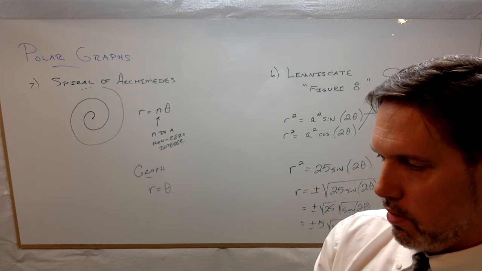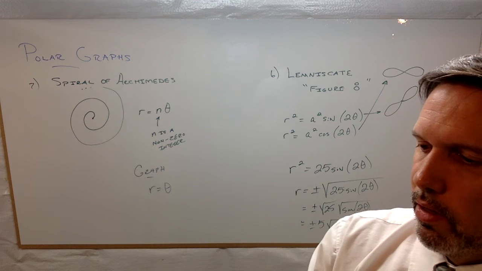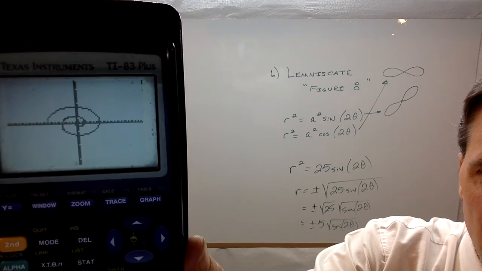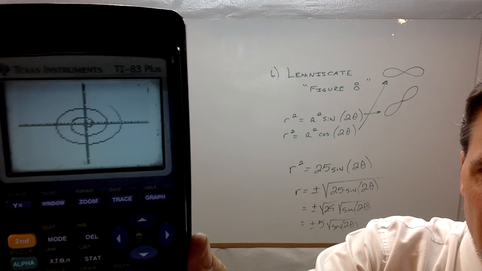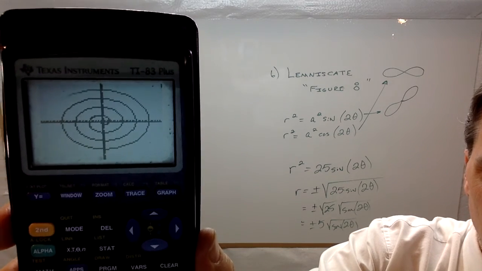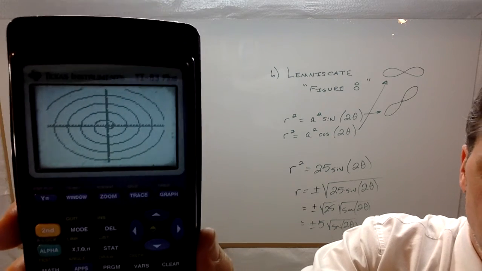Graph. No, still spiraling counterclockwise. I thought the negative would make it spiral the opposite way. I'm starting to think, which way did the other one spiral? I think it was both counterclockwise. In any event, you do get a spiral.